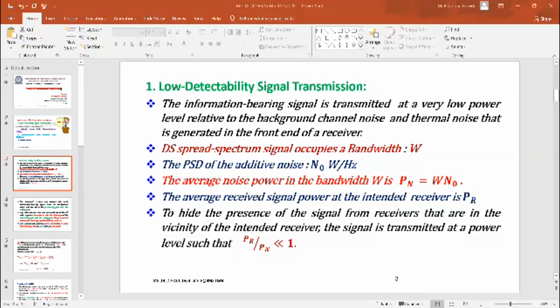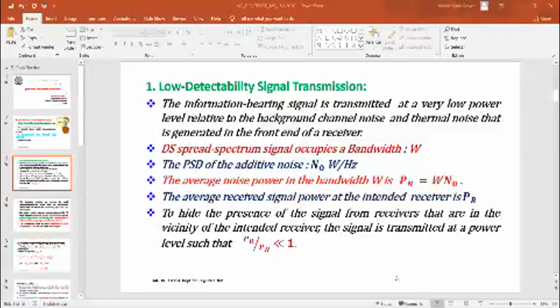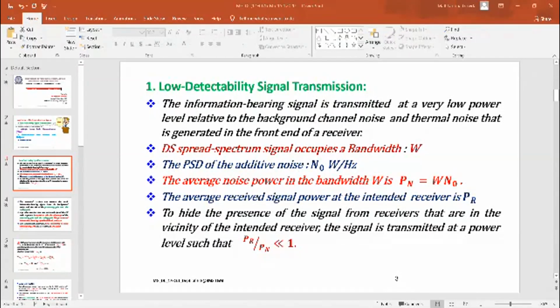PR is the average received signal power at the intended receiver, and PN is the average noise power in the bandwidth of the direct sequence spread spectrum signal. So the average received signal power will be much less than the average noise power.